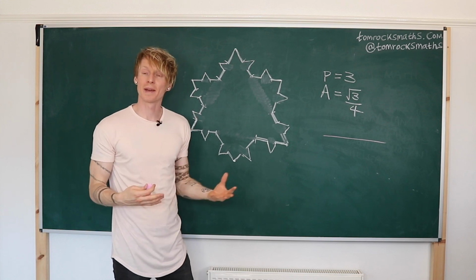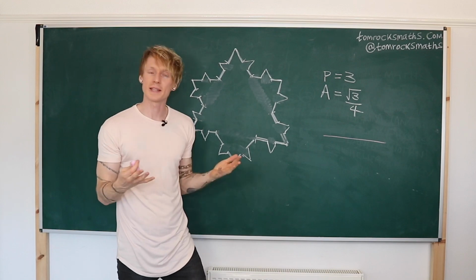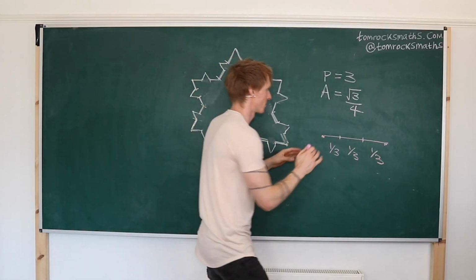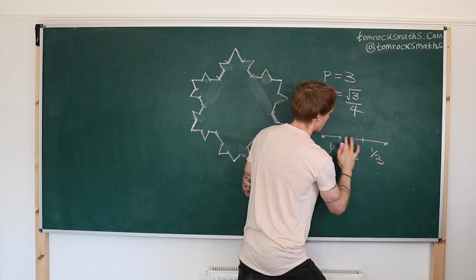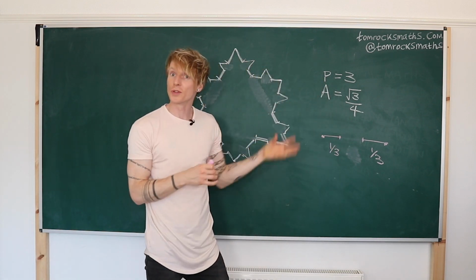Because our first step in this process was to divide that line into 3 equal pieces. The second step was then to remove the central piece. So we remove this, leaving our line to now have a total length with a gap of 2/3.